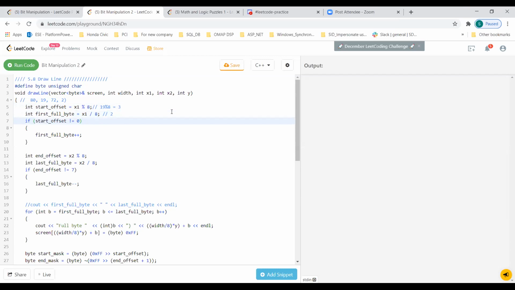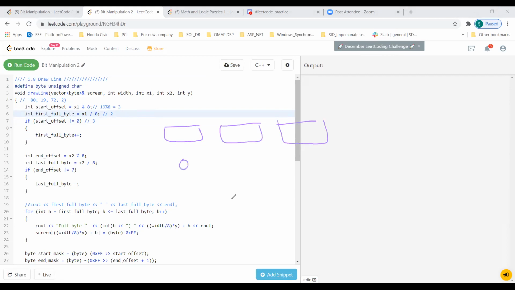But it says if my start offset is not 0, then my first full byte will actually be plus 1. So my first full byte now will be 3, it won't be 2. If you look at the way we do it here, say we have 3 bytes: this is the first byte, this is the second, and this is the third.